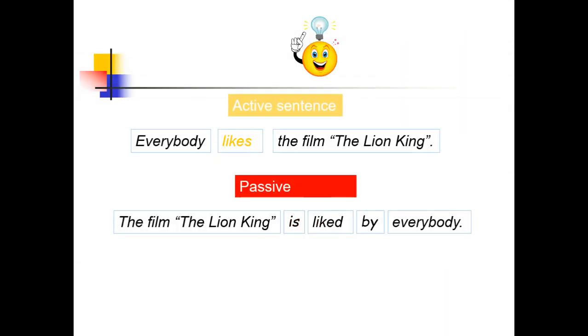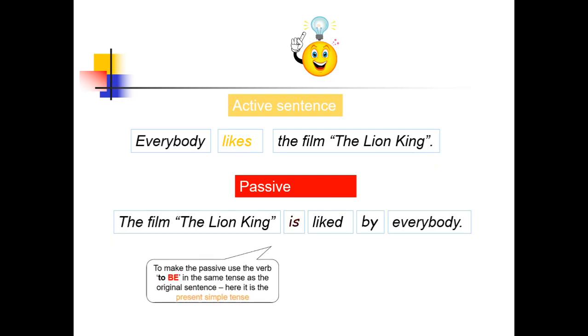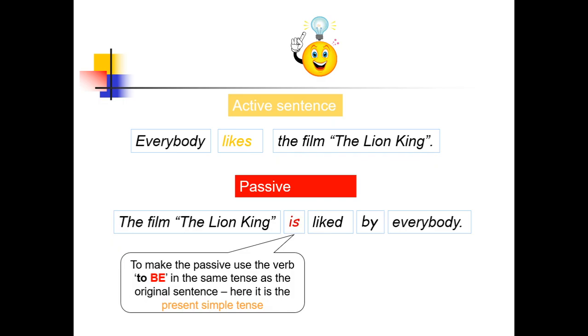Now you can see the difference between these two sentences. Active sentence, everybody likes the film The Lion King, is transformed into the passive one in the following way. The film The Lion King is liked by everybody. Now, to make the passive use the verb to be in the same tense as the original sentence, here it is the present simple tense.